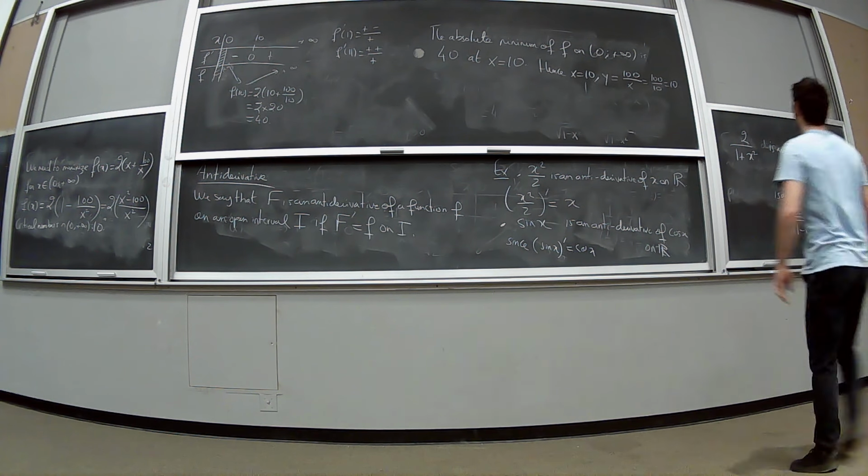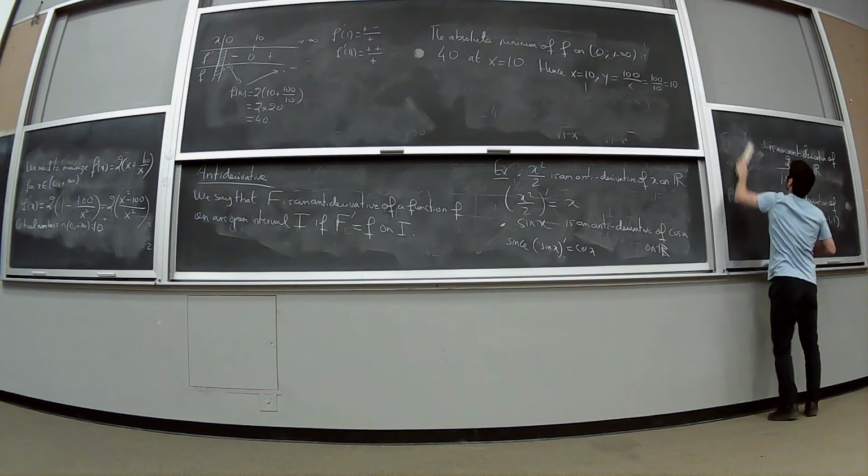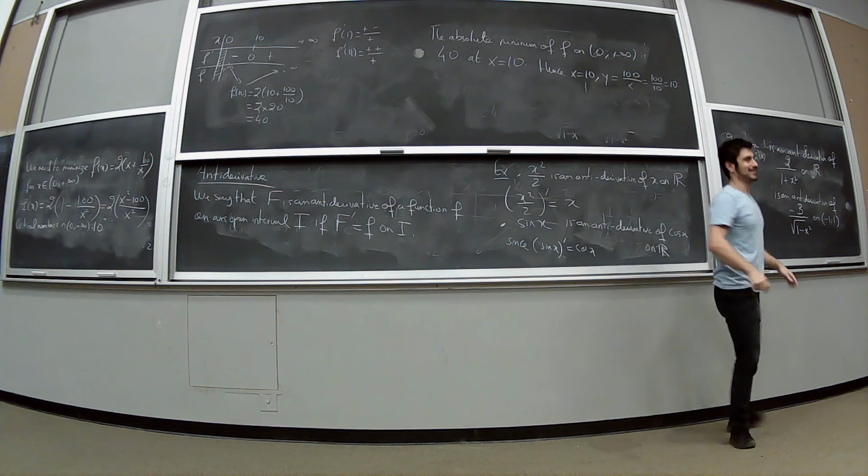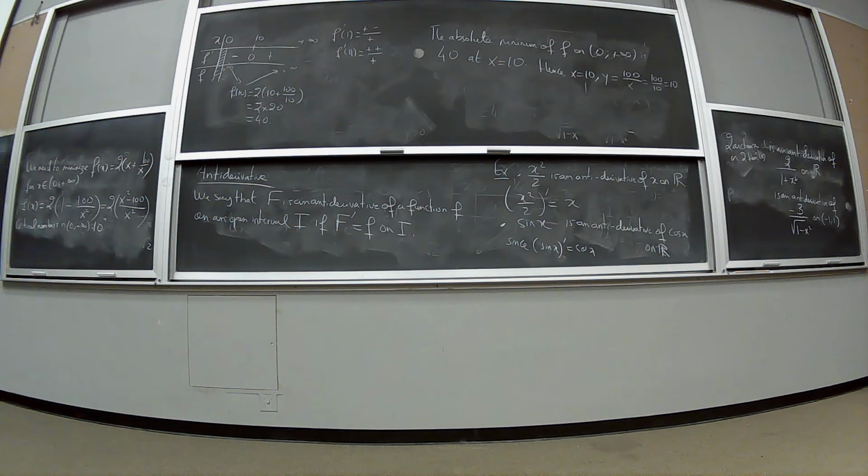Remember your functions, okay? Which function has derivative related to 1 over root 1 minus x squared? Three arc cosine x.